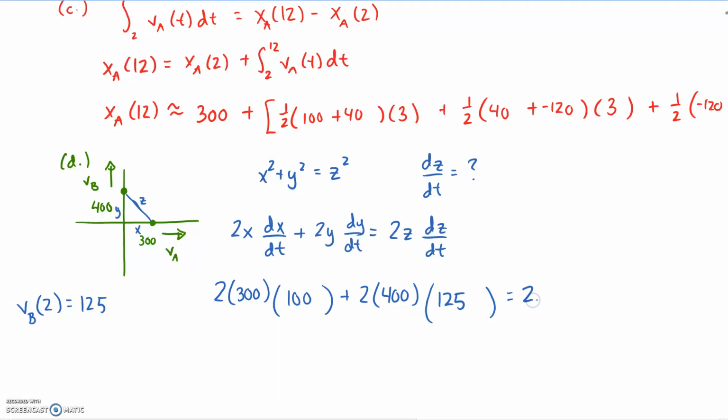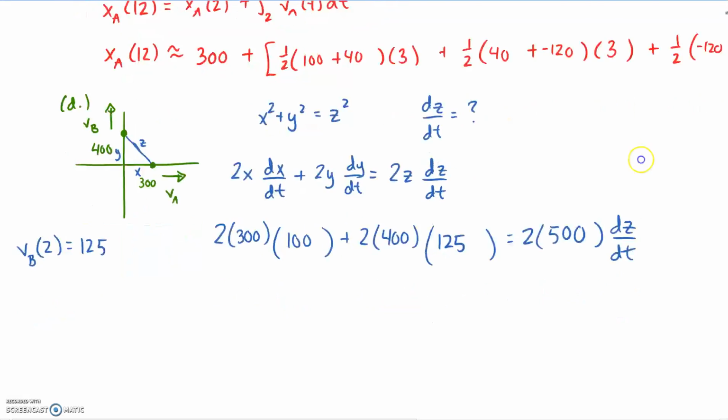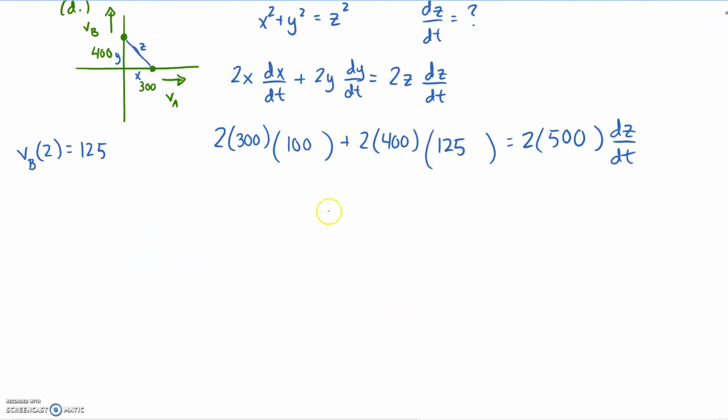Equals 2 times z dz dt. The only thing that should not be filled in for is dz dt. Looking at that triangle, one side's 300, the other side's 400. So the Pythagorean theorem tells me that the hypotenuse must be 500. And then we want to solve for dz dt.